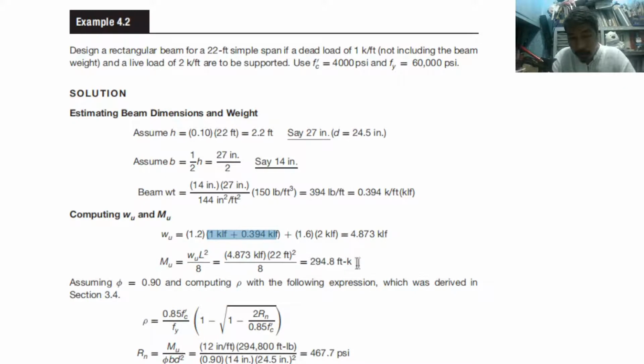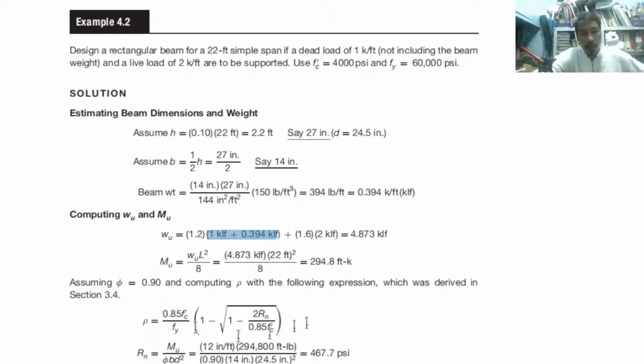The design strength is 294.8, assuming 0.9. Also, there are plenty of assumptions. We assume H, we assume D, we assume B, we assume phi. So compute rho with the same formula. Notice we are just using the same formula.